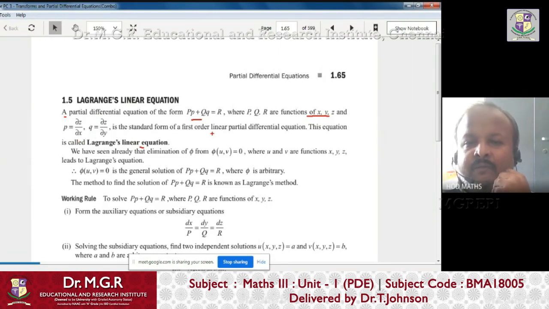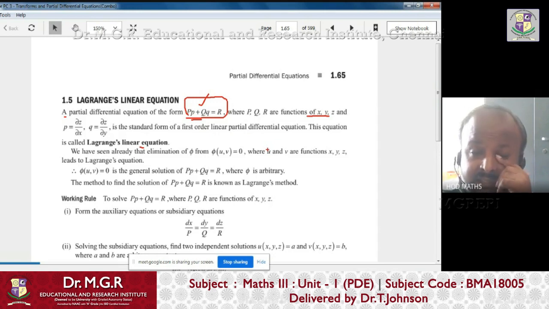That is the standard form of first order partial derivatives. Then this PDE is called the standard form of first order partial differential equation, and it is also called Lagrange's linear equation.